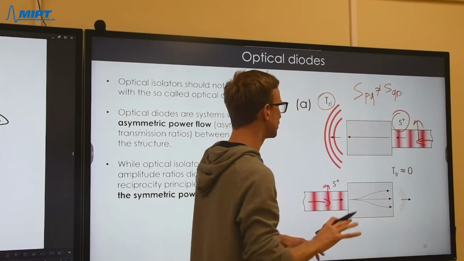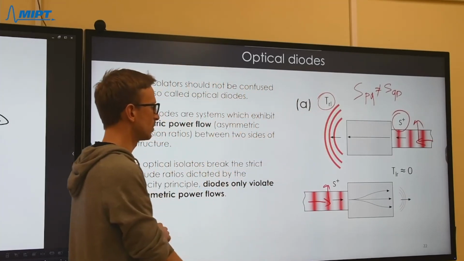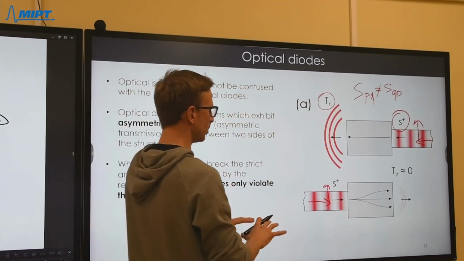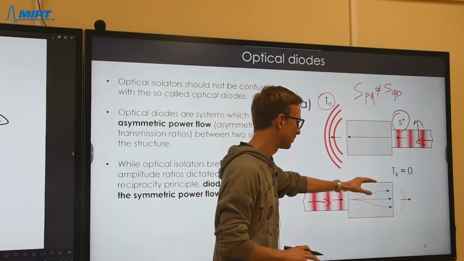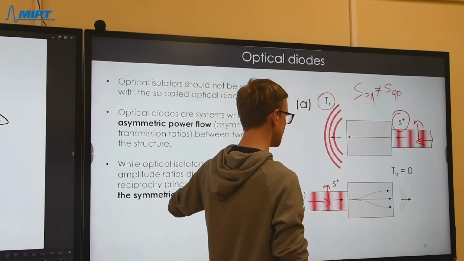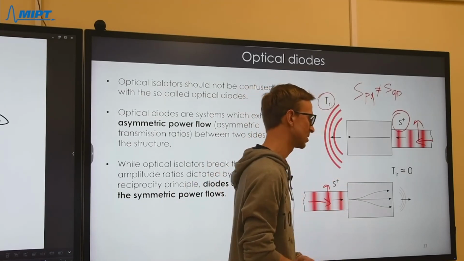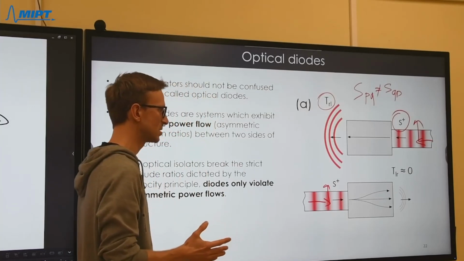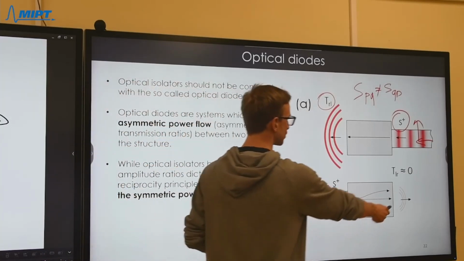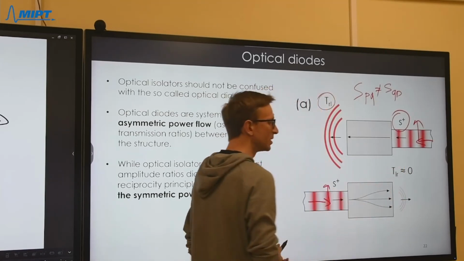What we care about is only the power flow, and furthermore, it's not power flow in a single channel, it can be power flow across many channels. Let's say this is a diffraction grating. Radiation incident on this side of the system can diffract into this set of channels, and what we need in this case is to suppress the total intensity that we can record on this side of the system.